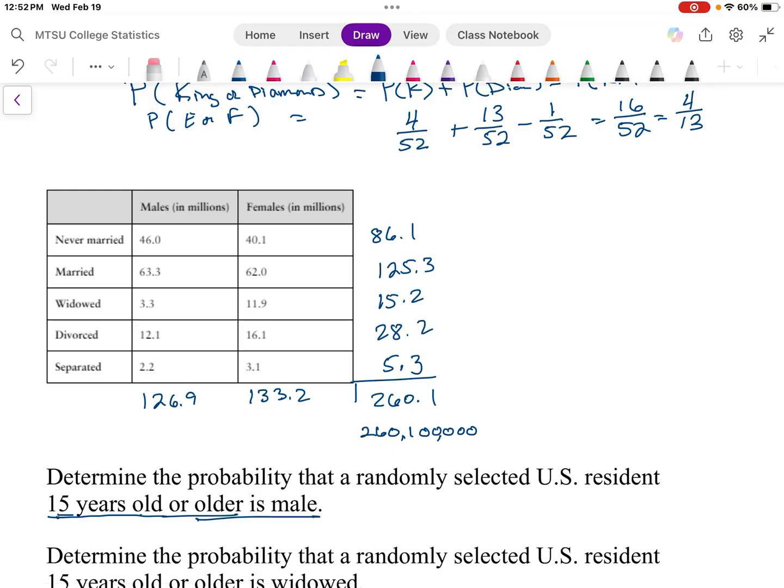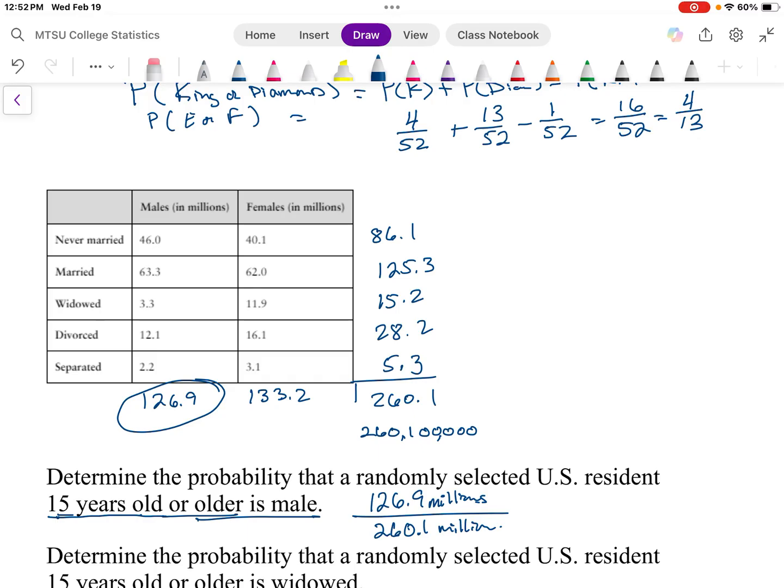So we know for males, there is 126.9, and that's again in millions, is technically what we say. We don't have to put it out with all the zeros. Divided by our total. How many total do we have in our thing? So I'm just going to take 126.9 and divide it by 260.1.